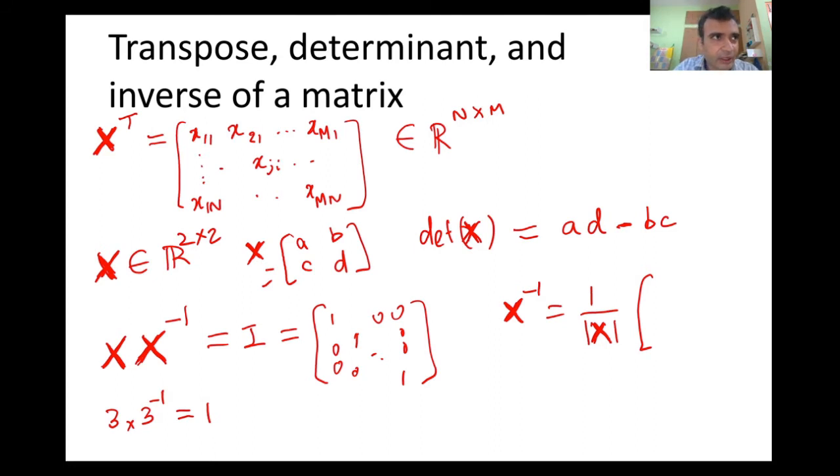So we'll have D, minus B, and then we'll have minus C and A.